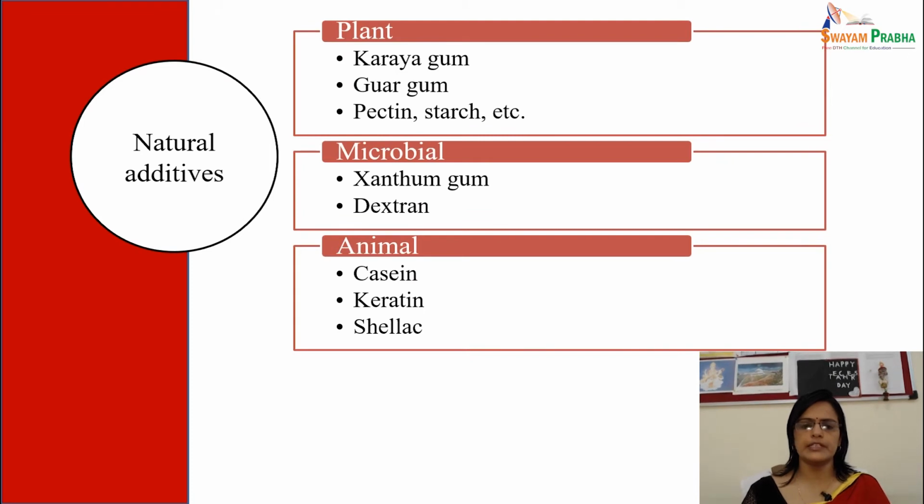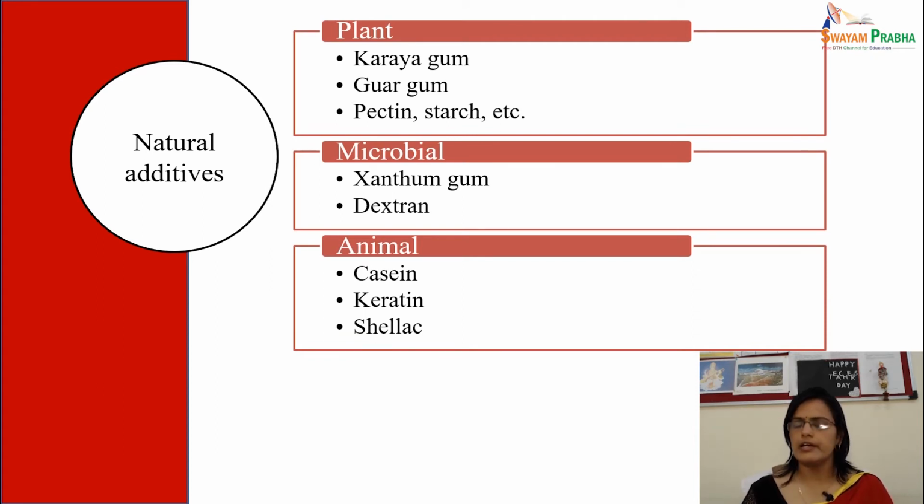I have represented rheological additives in tabular form. First, natural additives. Natural additives mean the source is from nature. It may be plant, microbial, or animal. From plants, examples are karaya gum, guar gum, pectin, and starch.